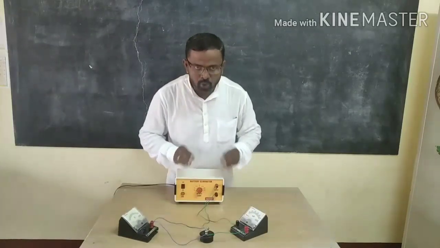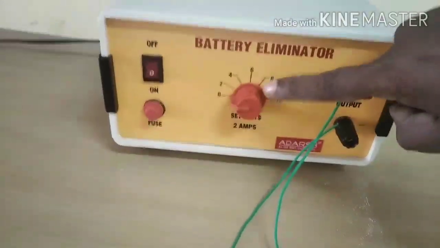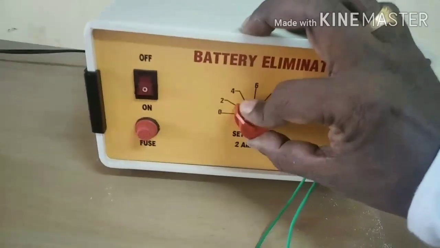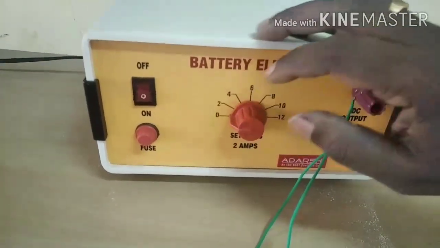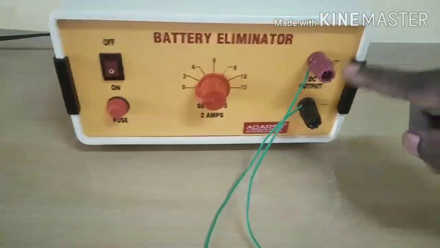Let us now see how to connect the battery eliminator. Here is a knob. We can increase or decrease the volt supply by turning this knob. It has two ends, positive and negative.